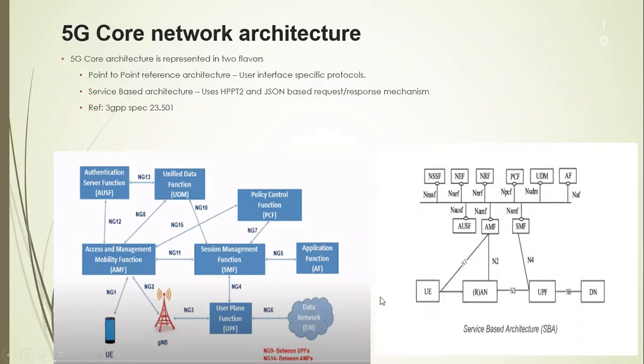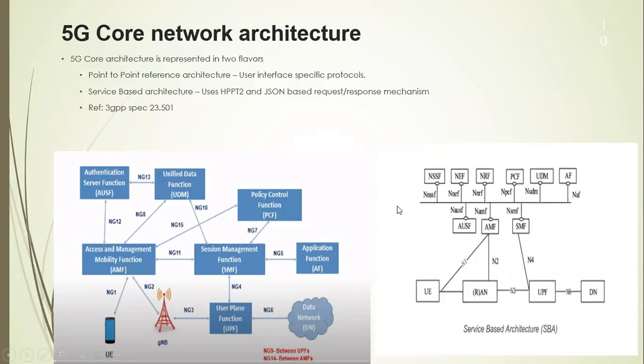But the interfaces within the core network, that means the interfaces using which different entities of the core network will communicate, are now based on a common API, like open API based technology, HTTP2 and JSON based APIs. So this is a major change.